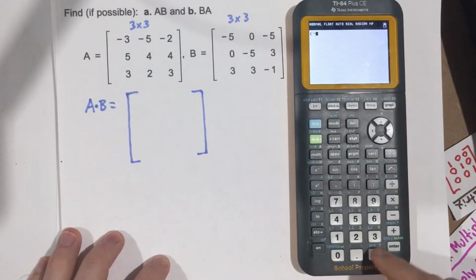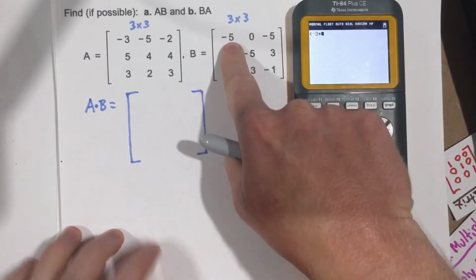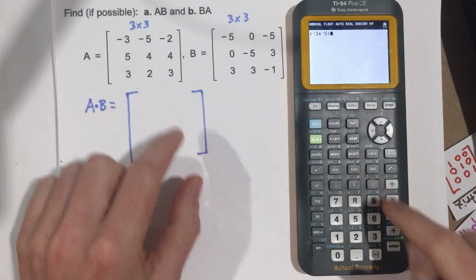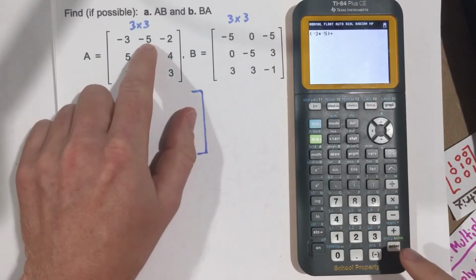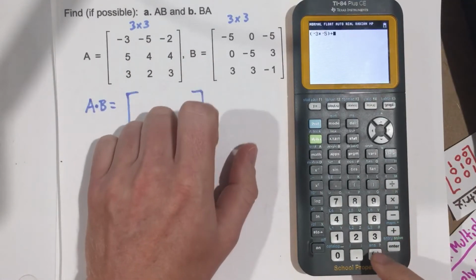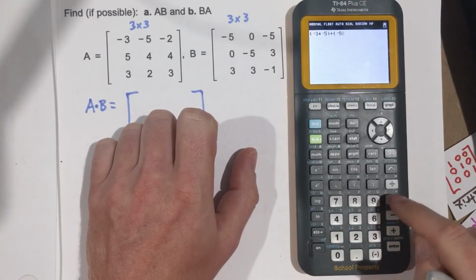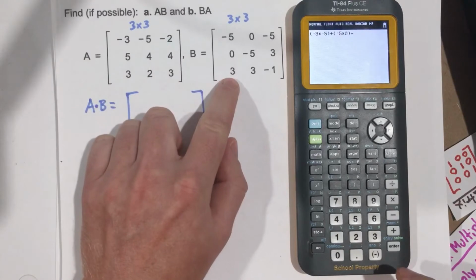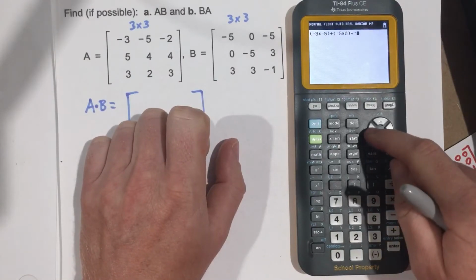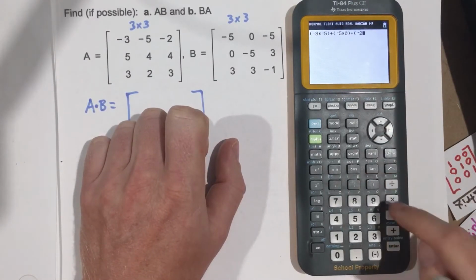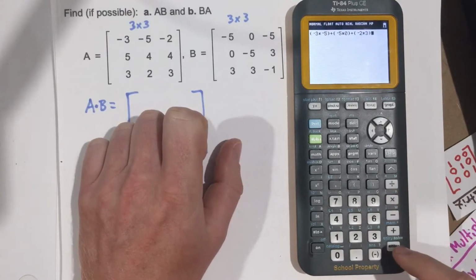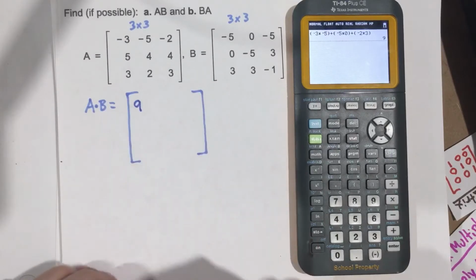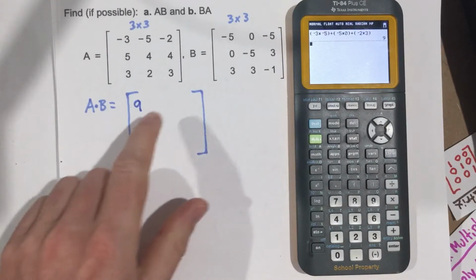And we're going to take negative 3 times negative 5, plus negative 5 times 0, plus negative 2 times 3. And we're going to hit enter there. And that gives us 9 for this one spot in our new matrix.